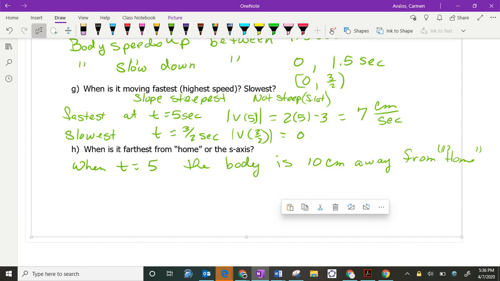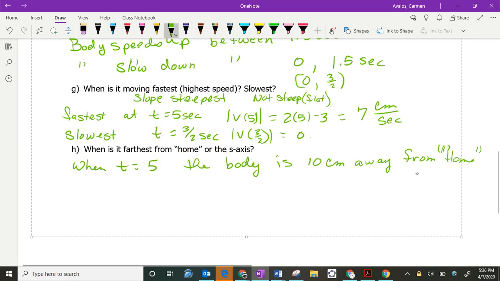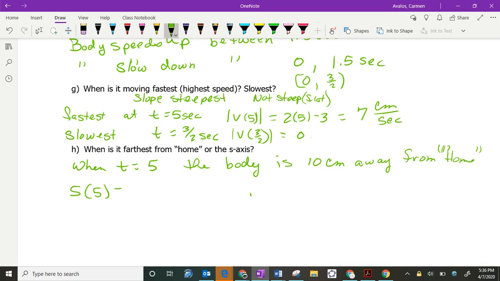And so the way that you do that is you actually just put that into the equation on here. So you would put it in as s of 5. And when we have that, it's going to be 5 squared minus 3 times 5 plus 2. And so 25 minus 15 plus 2.